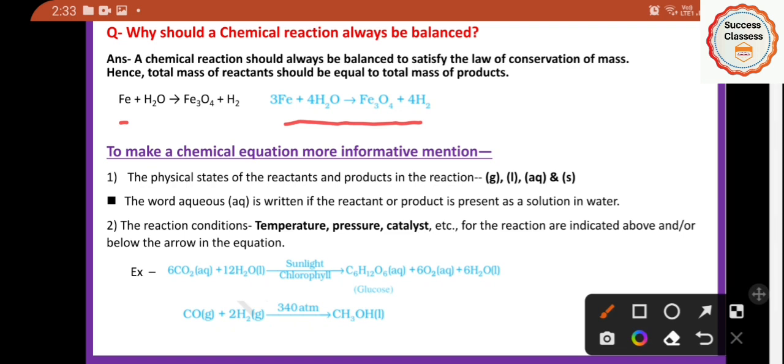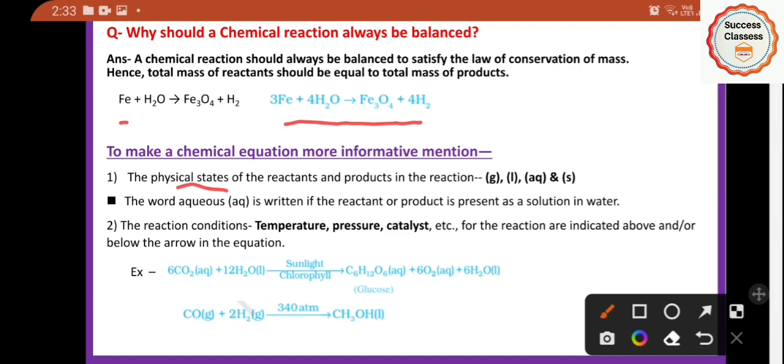To make the equation more informative, we should mention a few things like the physical states of the reactants or the products. That is, whether the reactants or the products are in gaseous form, liquid form, aqueous form or in solid form. Aqueous means that there is a solution of the reactant or product in water.